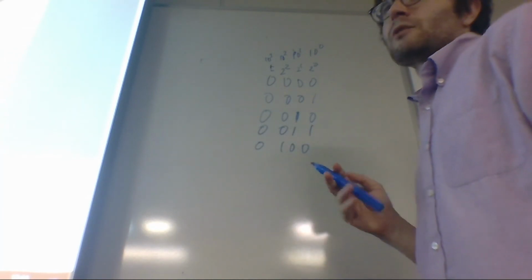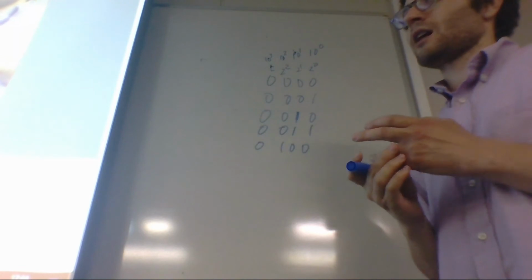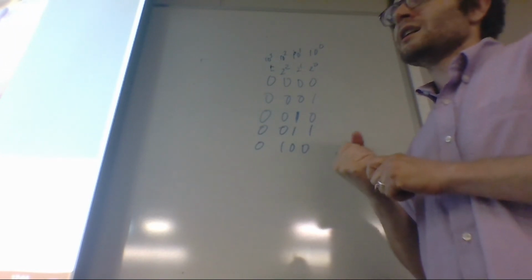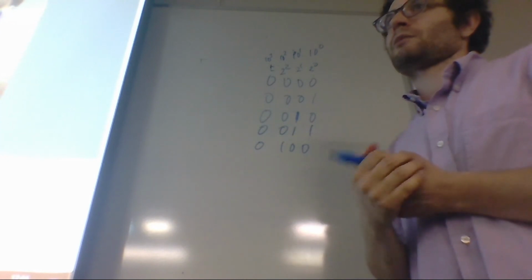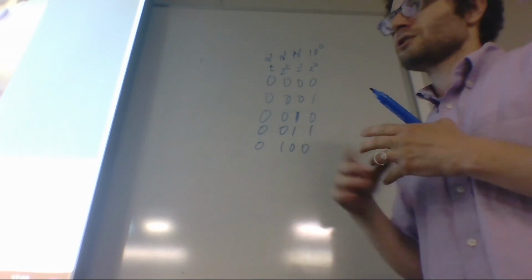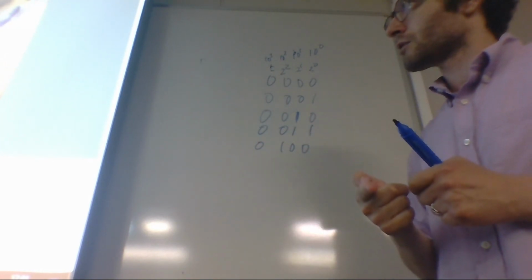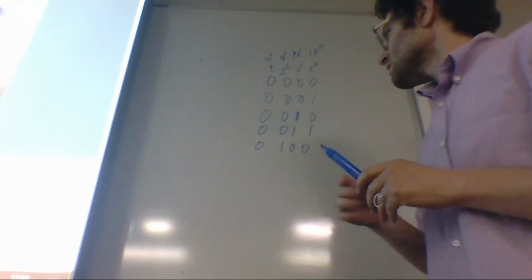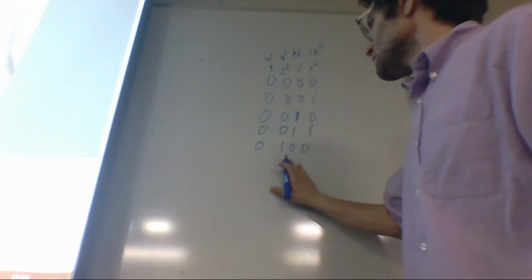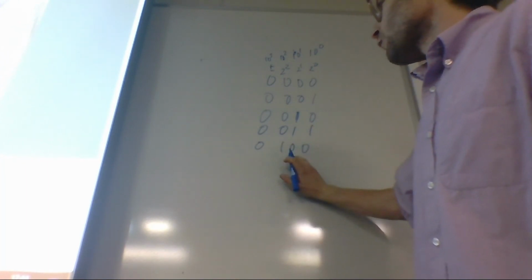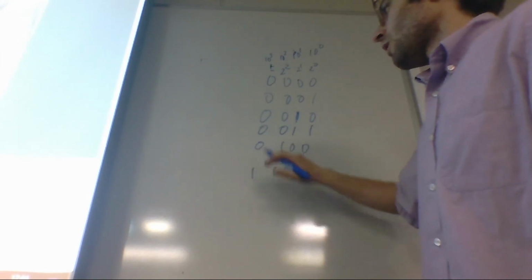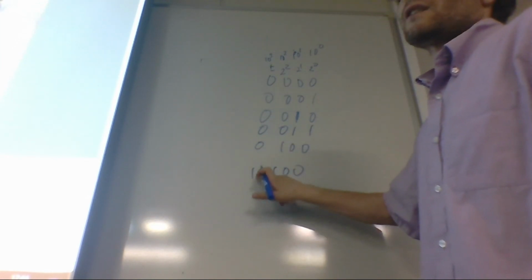Now, the way negative numbers work in binary is very interesting. It's something called 2's complement, and I'm going to explain it here so you understand what's going on in the computer. To do a negative number, you'd think that if this is 4 and this is the positive/negative sign, then this should be negative 4.